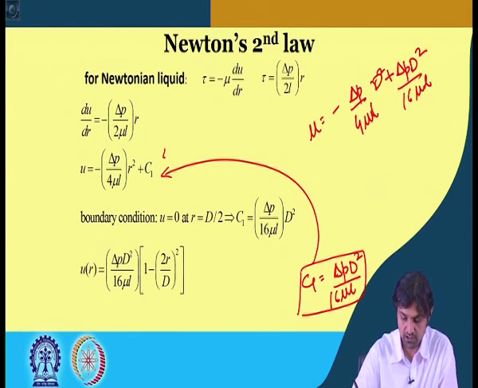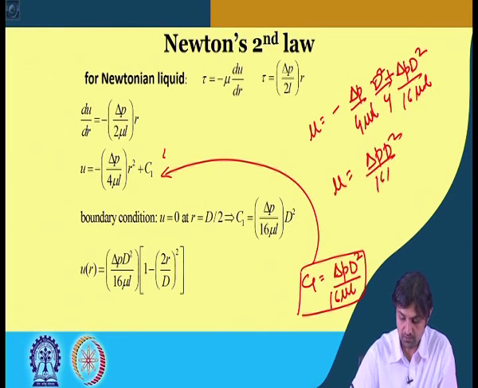This r square can be written as d square by 4. Therefore, if we take delta p d square by 16 mu l as constant, sorry, this is not d, this is r square.